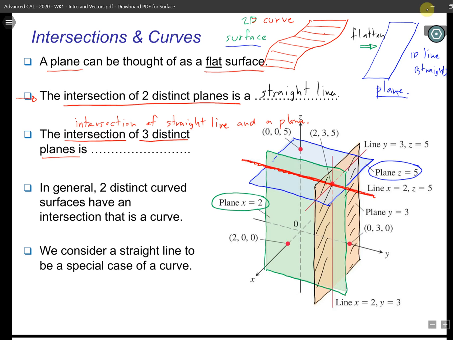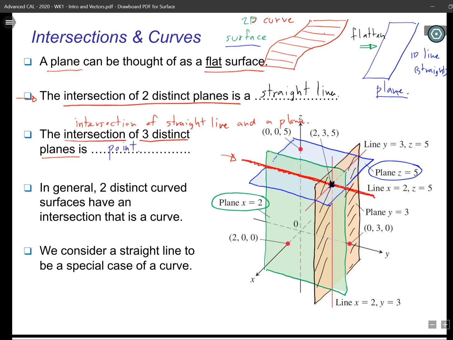And as you can see here, this plane with the red line is going to intersect at one point, which is right there. So two planes intersect, you get a straight line. But if you have three planes intersect each other, you get a point. And once again, we assume that these planes are not parallel to each other. So here we have a point.